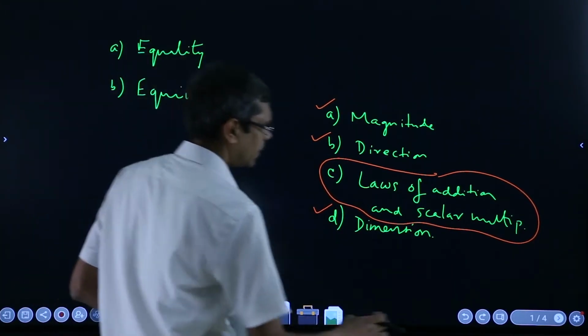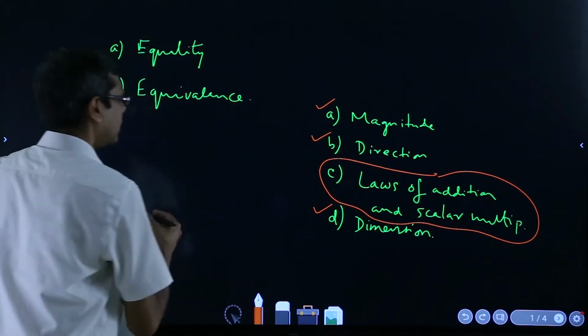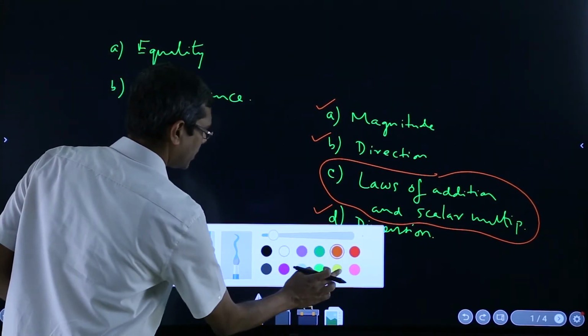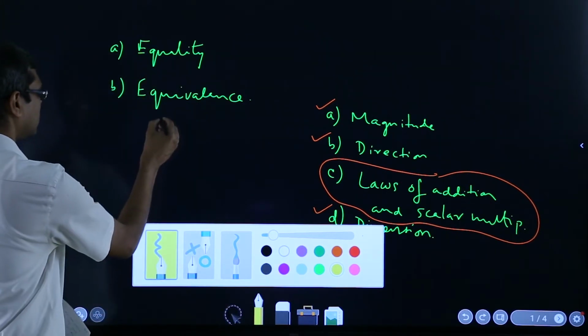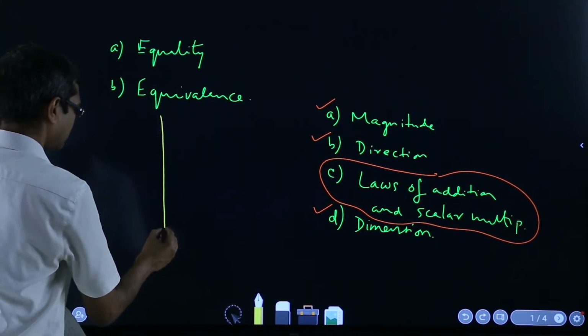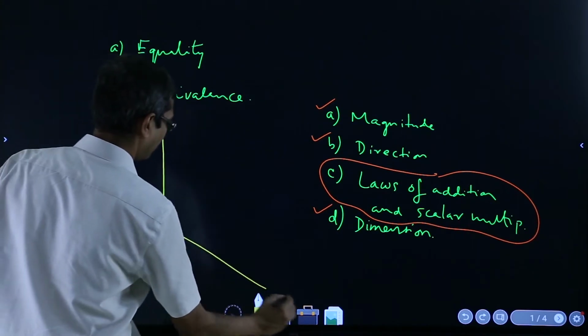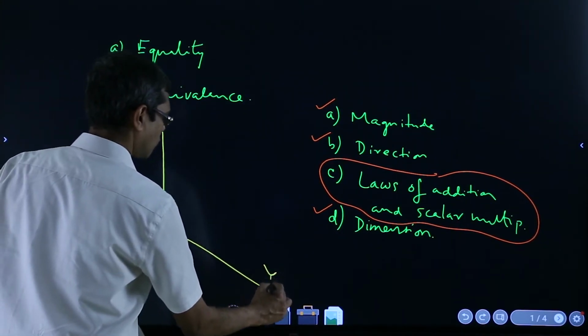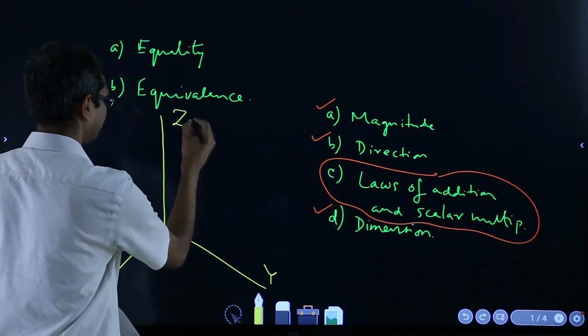Okay. For example, let me draw a set of axes like this. Suppose this is the x axis, this is y, this is z.